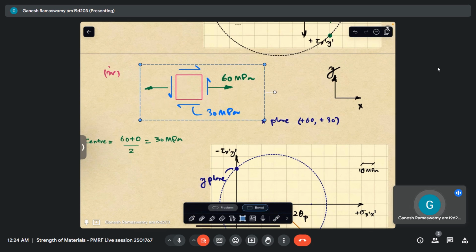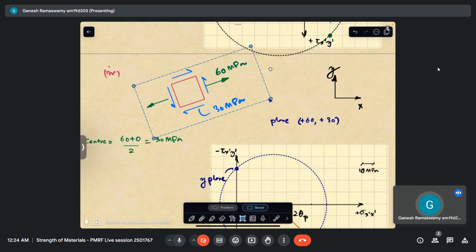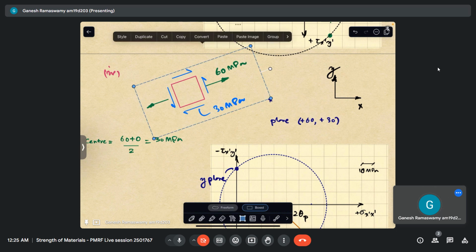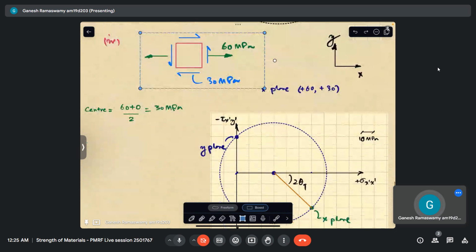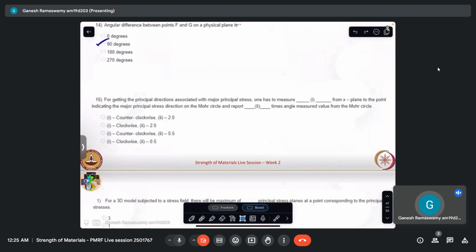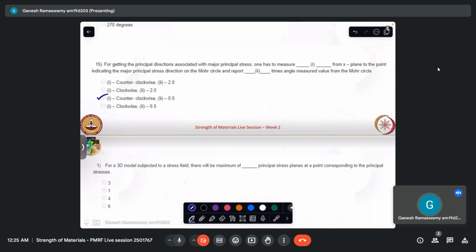This has to be rotated by theta p in order for me to arrive at the maximum principal plane, which will be carrying the maximum principal stress, of course. So I hope that is clear. So essentially we need to measure it in the counterclockwise direction and report half the value of that. I take it that it is now clear.